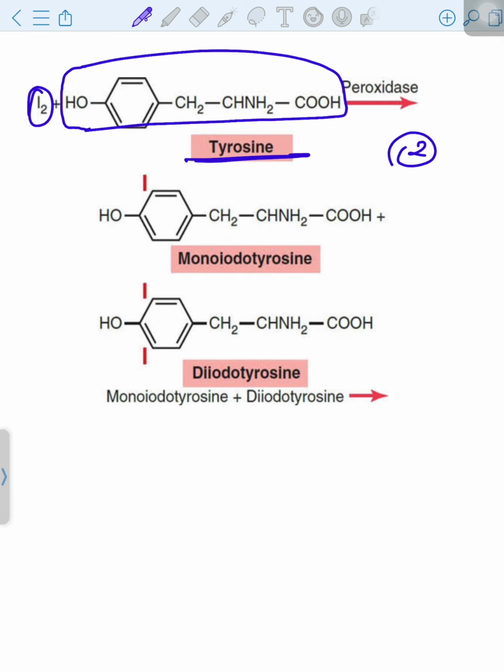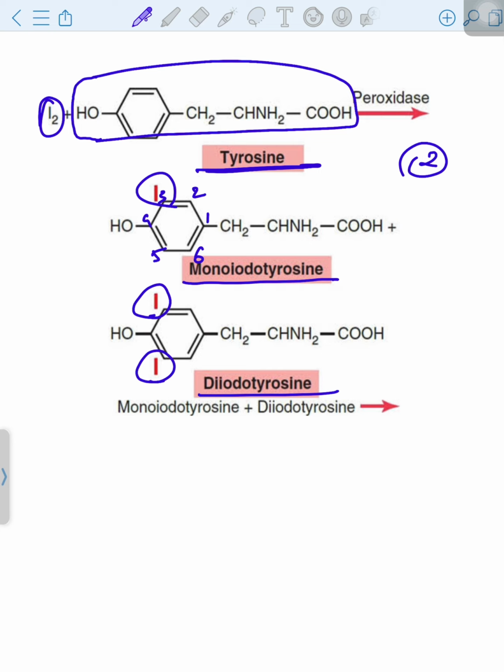The first position is number 3 and the second position is number 5. 1, 2, 3, 4, 5, 6. This is the numbering pattern. Okay. When it gets iodinated in the third position, it forms a compound called as monoiodotyrosine. When it gets iodinated in fifth position also, it forms diiodotyrosine. There are two iodine molecules, right?